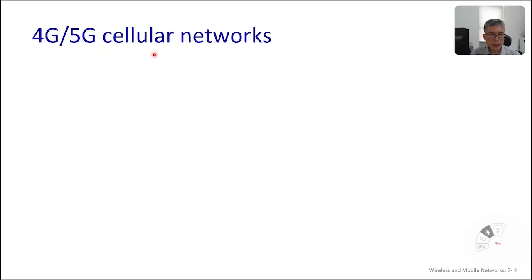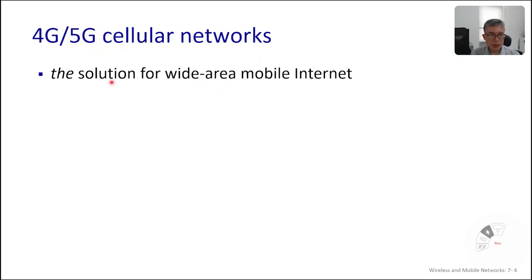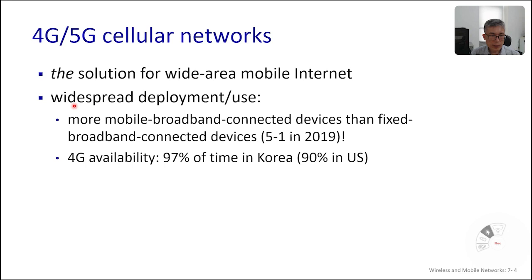4G and 5G cellular networks are the solution for wide area mobile internet. They are widely deployed and used nowadays. The number of mobile devices is much more than fixed devices.